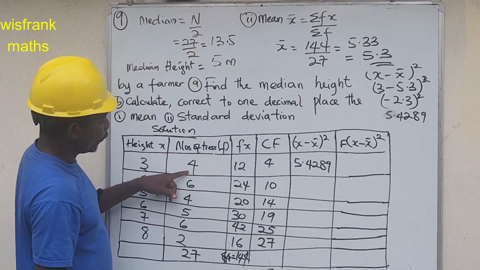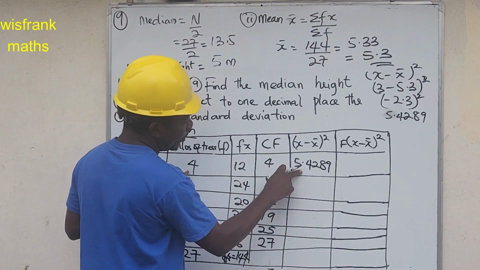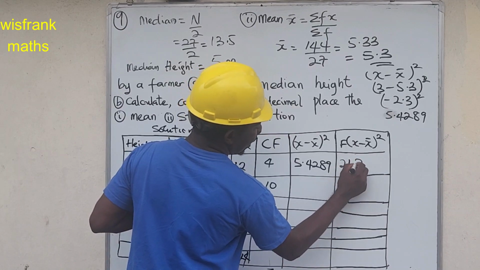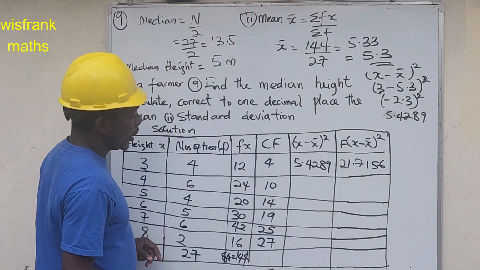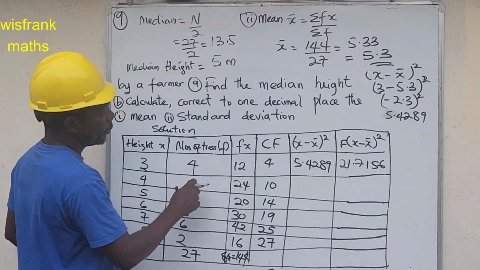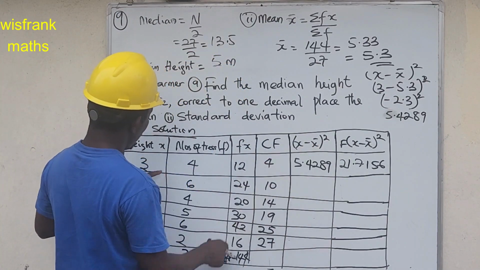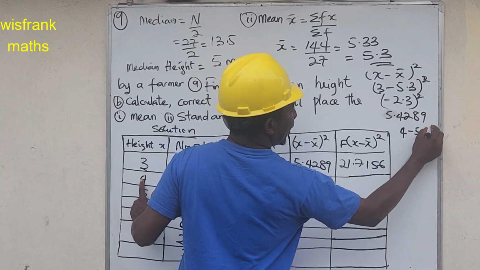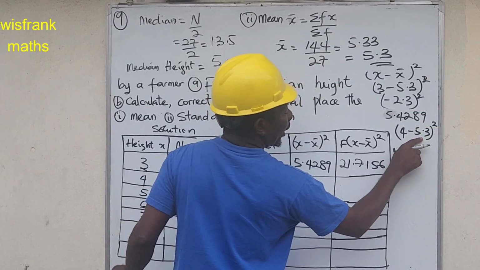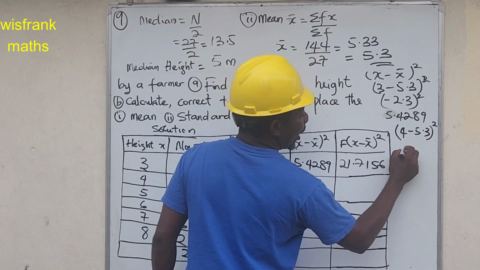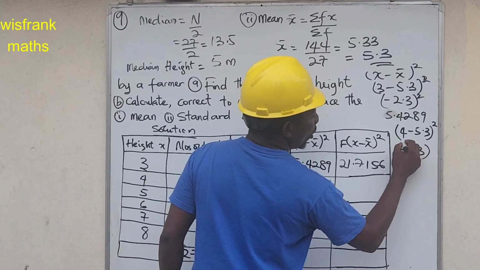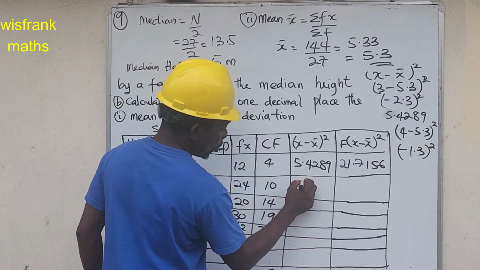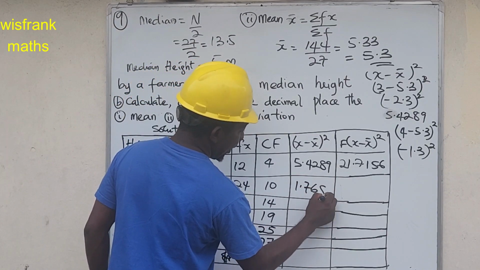Our frequency is 4. So if we multiply 4 times 5.4289, we are going to have 21.7156. For the next one, we use the same method. For x, for example, we have 4 minus the mean, which is 5.3, all squared. So 4 minus 5.3 is minus 1.3, all squared, which equals 1.7689.